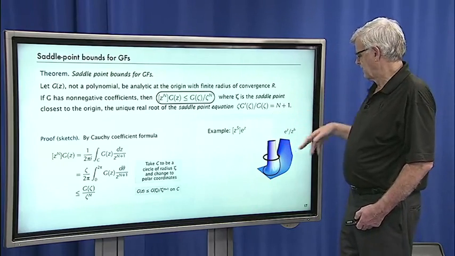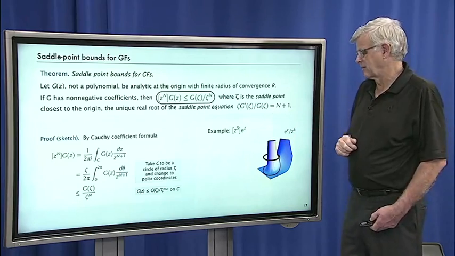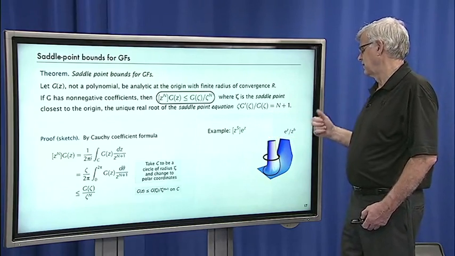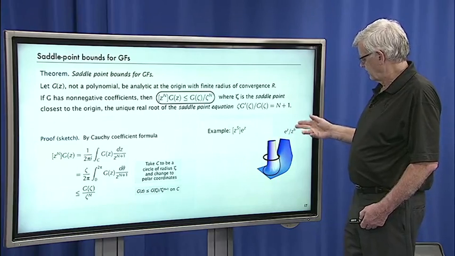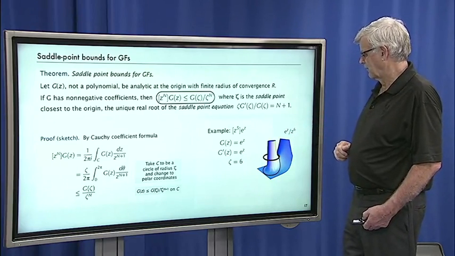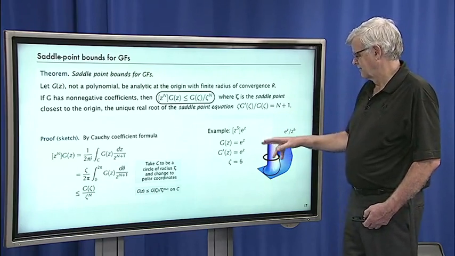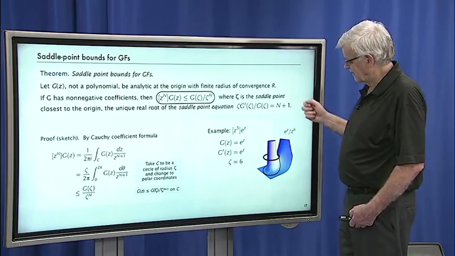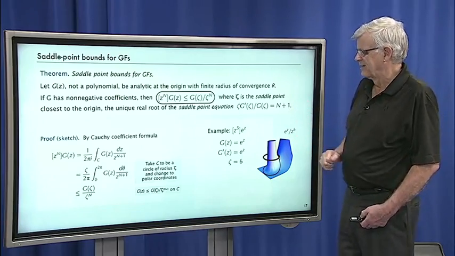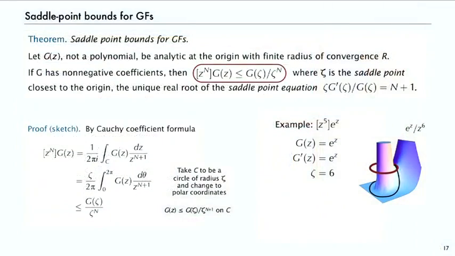For example, in our example, we're trying to find the coefficient of z to the fifth in e to the z. So we're looking at e to the z over z to the sixth. What's the saddle point? The saddle point is zeta equals 6. The saddle point equation is z g prime over g equals n plus 1, where g prime over g comes out to be 1, which leaves just zeta equals 6.